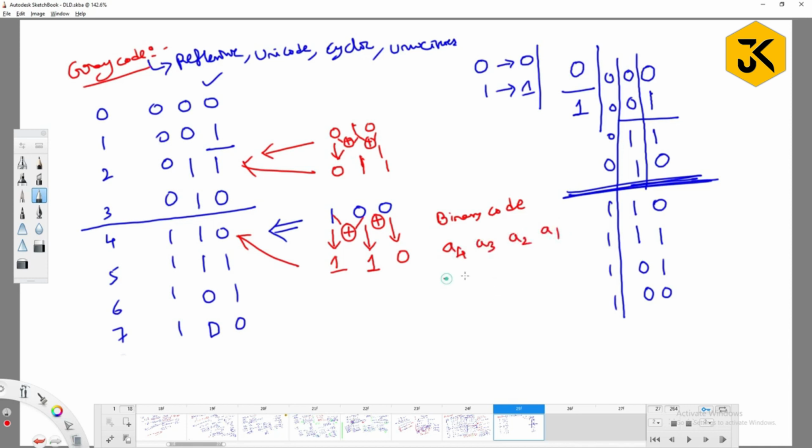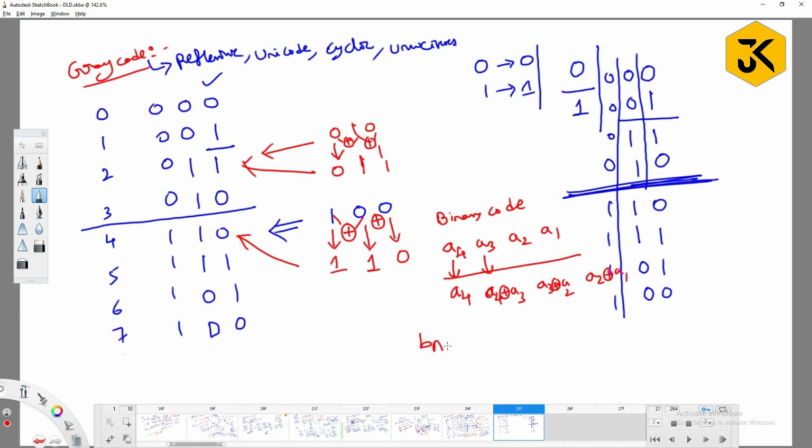If you want to get the gray code, first simply write A4 as it is. How are we going to get the next number, B3? A4 XOR with A3. The next number is A3 XOR with A2. The next number is A2 XOR with A1, right?